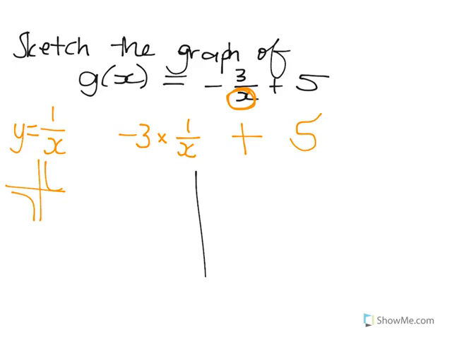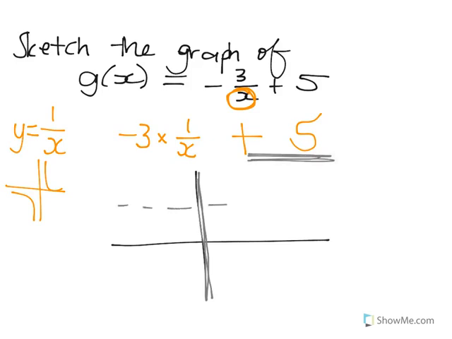So the sketch of your graph is going to look, typically it's easier to draw the asymptotes first. So we know that that asymptote is still in place. Nothing has happened to it. But because of this shifting up by 5 units, the horizontal asymptote has also shifted up, and remember to label that.